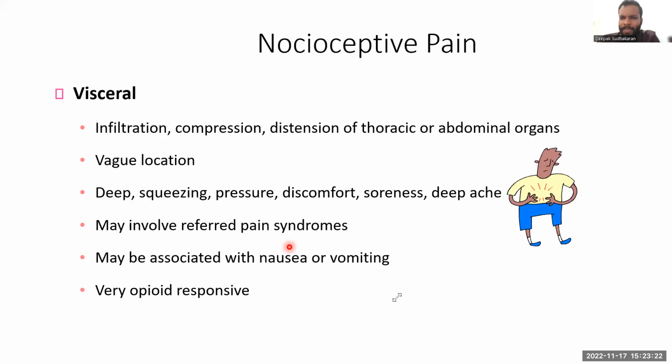Whenever there is some infiltration, compression or distension inside your thorax or abdomen, you may feel a vague pain. I can just feel it in my abdomen. I'm not sure exactly where it is. Is it my stomach? Somewhere on the right side, I can vaguely feel.